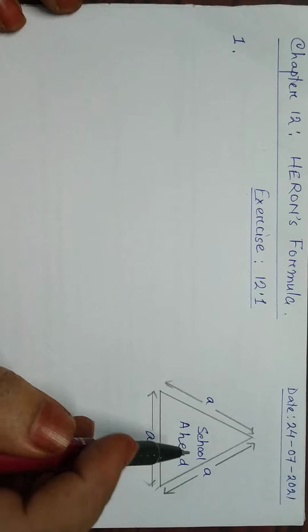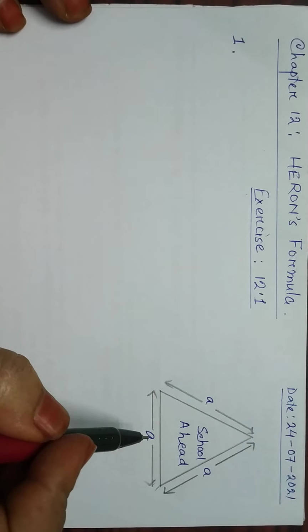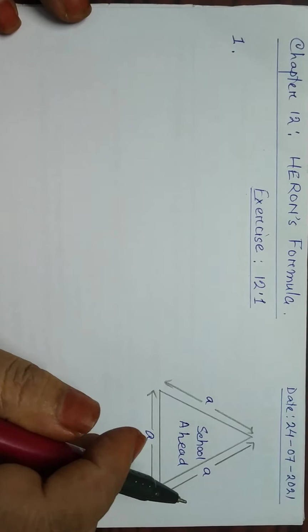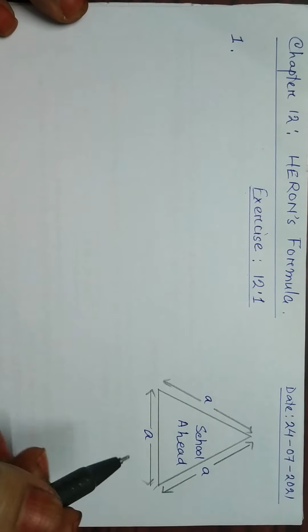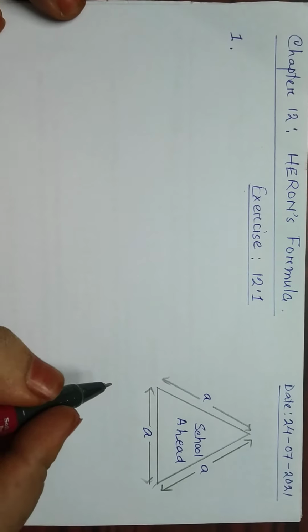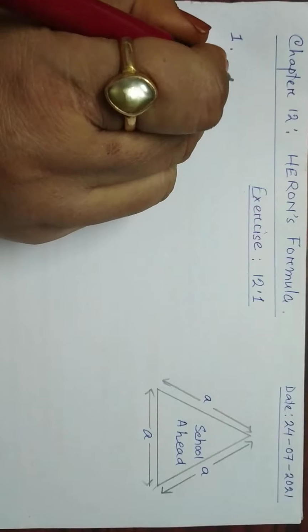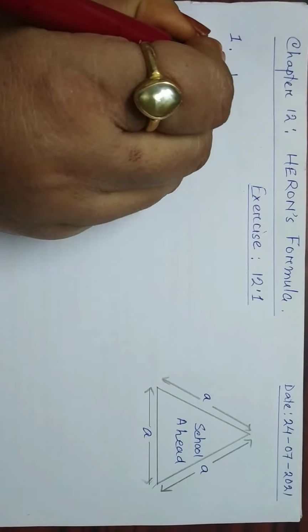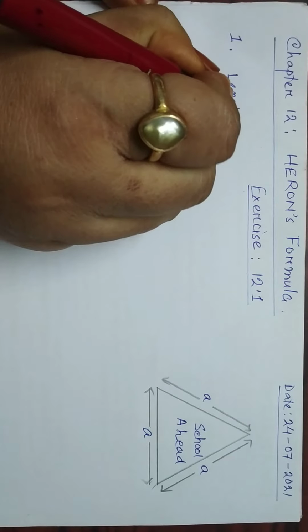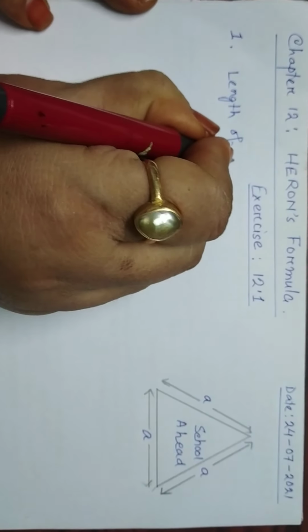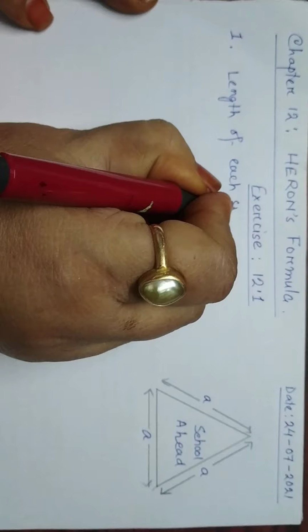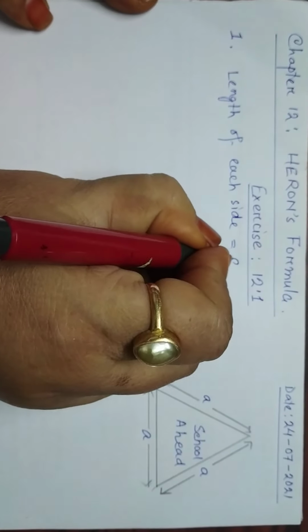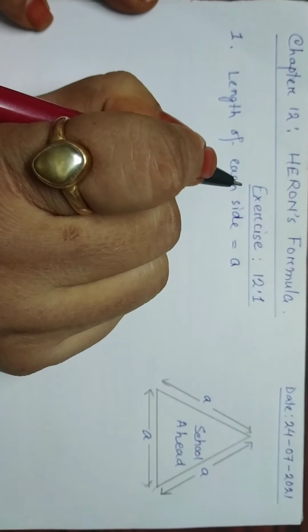Here it is written school ahead, and each side is equal to small a, small a, small a. It is an equilateral triangle. Therefore, first, here it is given that the length of each side is equal to a.